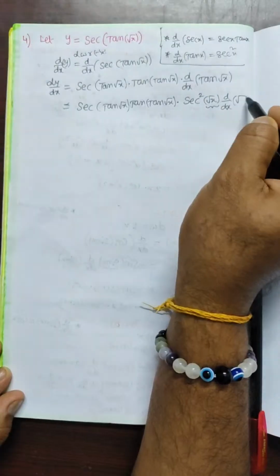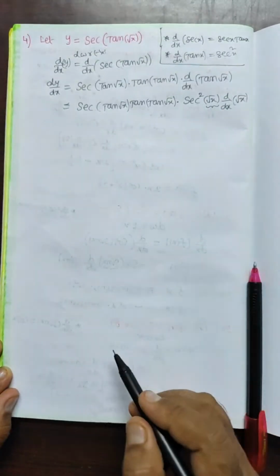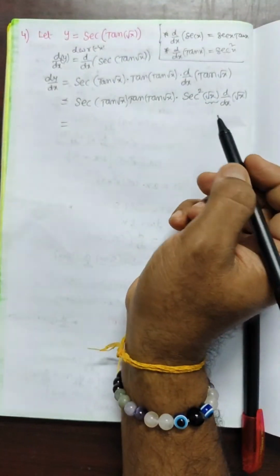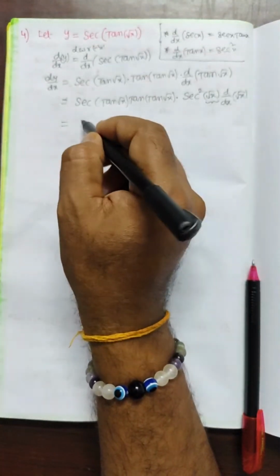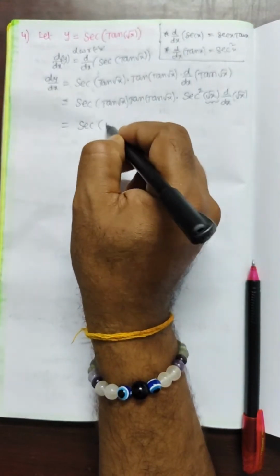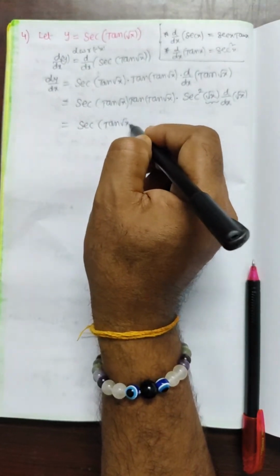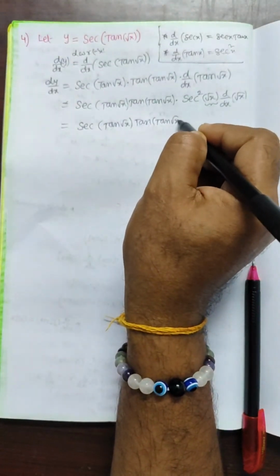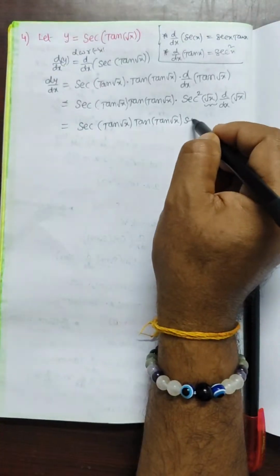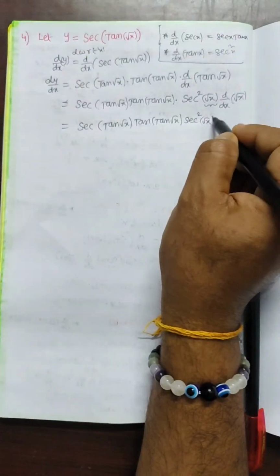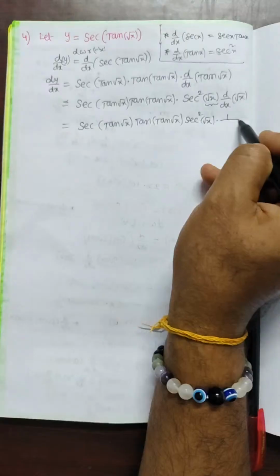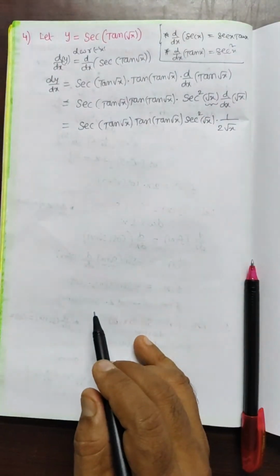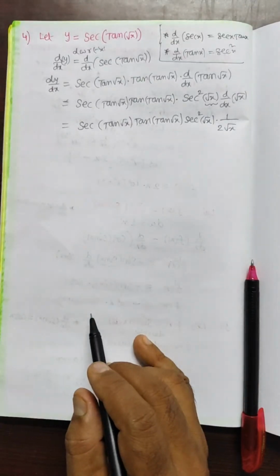D by dx of root x. So, which is equal to secant of tan root x into tan of tan root x into secant square of root x. D by dx of root x is 1 by 2 root x.